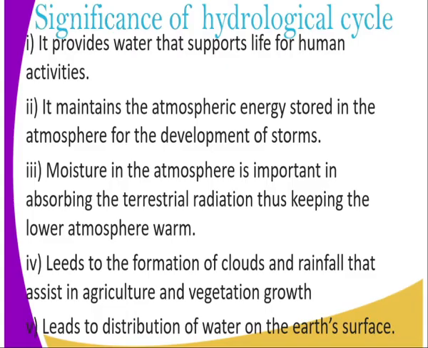Number 3, moisture in the atmosphere is important in absorbing terrestrial radiation, thus keeping the lower atmosphere warm. Number 4, it leads to the formation of clouds and rainfall that assist in agriculture and vegetation growth. Number 5, it leads to the distribution of water on the earth's surface.